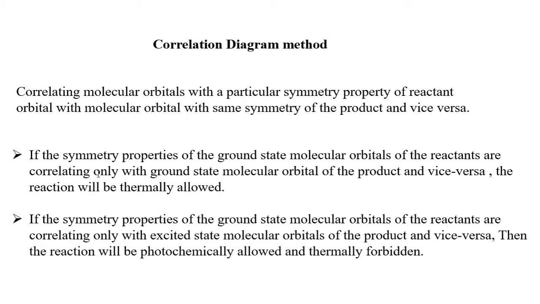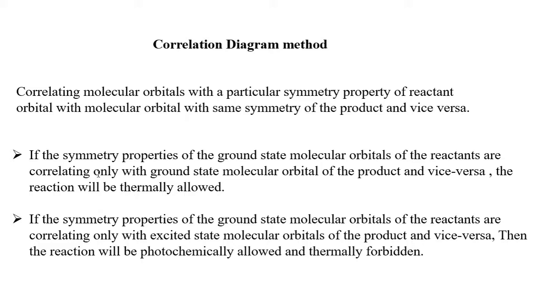That is, the ground state molecular orbitals of the reactants with a particular symmetry property are correlating with the ground state molecular orbitals of the product and vice versa. Reactant molecular orbitals are correlating with the product molecular orbitals in the ground state. Then the reaction is thermally allowed.